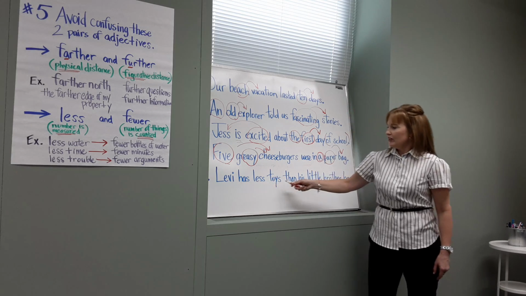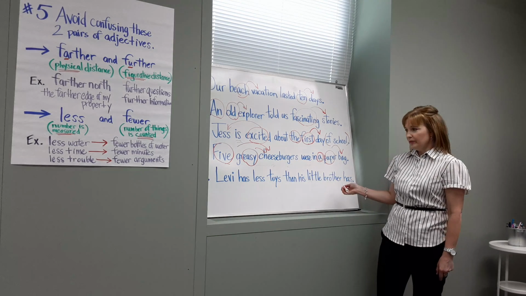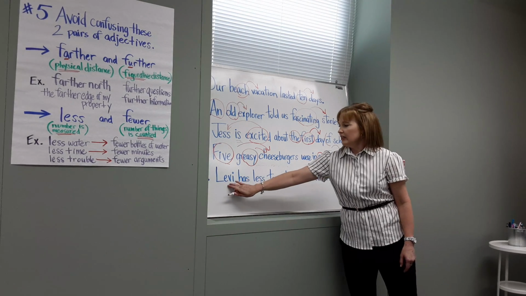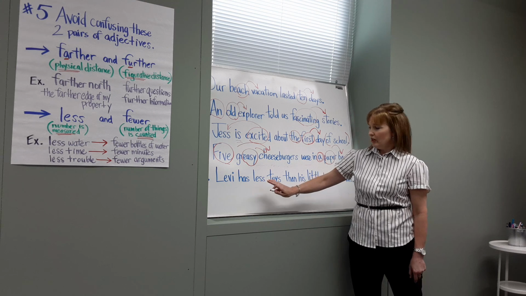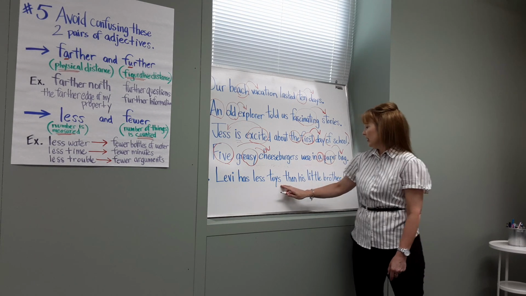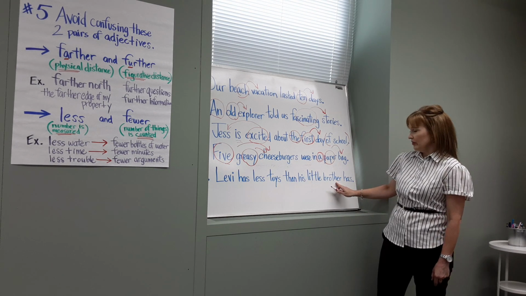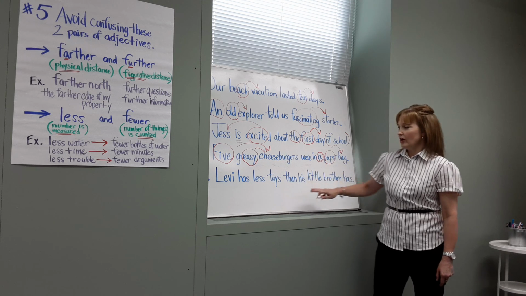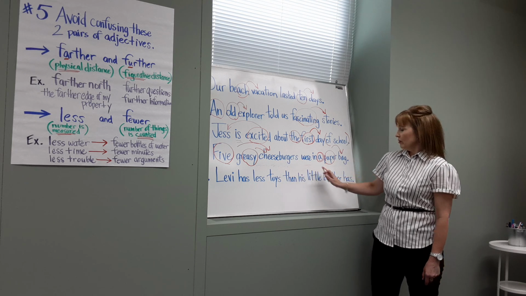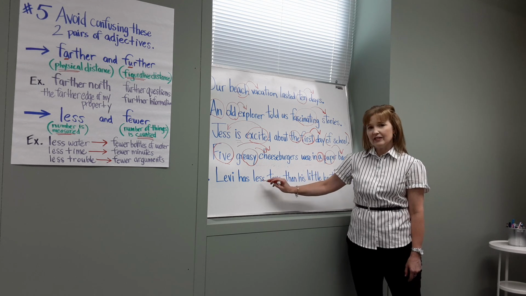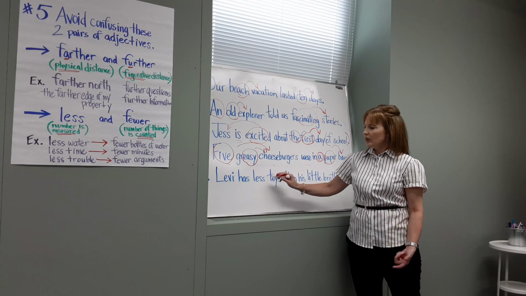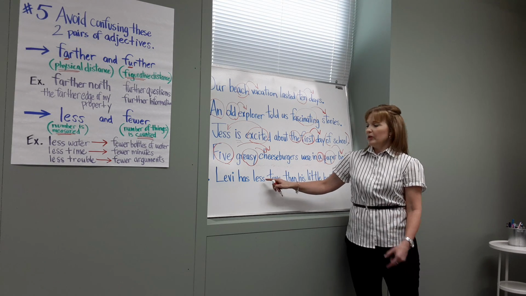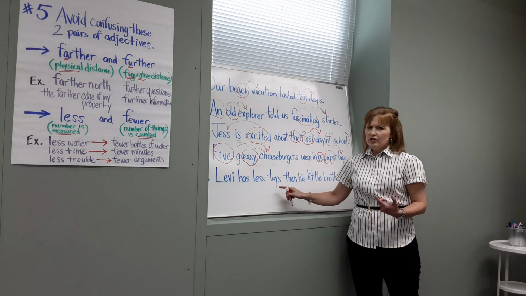Levi has less toys than his little brother. So we have Levi, we're looking for nouns and pronouns, toys, and we have brother. Do any words describe Levi, toys, or brother? Well, the word less. Remember, this is one of those instances where people confuse it. So what do you ask yourself?